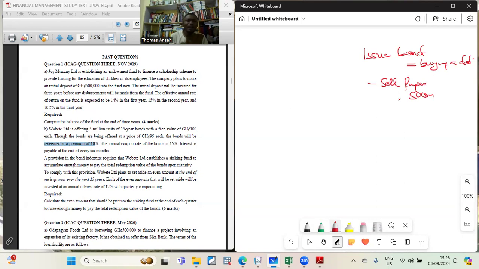Now, when I am buying the paper from the government, I need to pay money. All right. And how much should I pay? Normally, it should be the same 500 million so that the government will owe me 500. So I will pay 500 million for the paper. Then it means that the government owes me 500 million. That is how it should be.